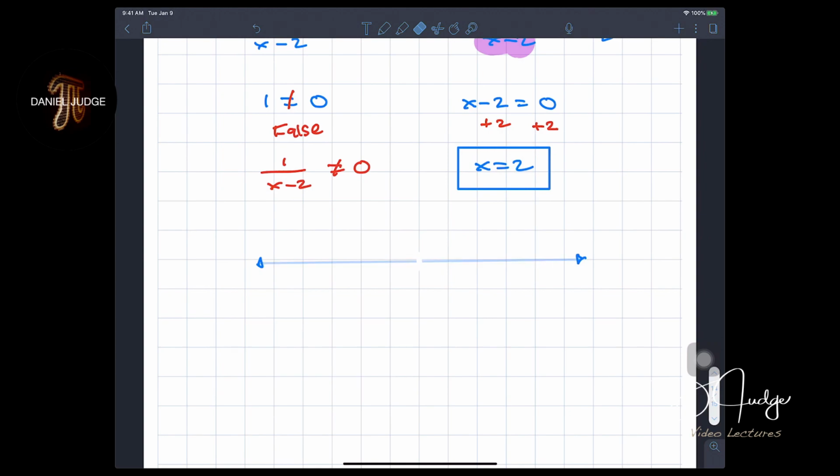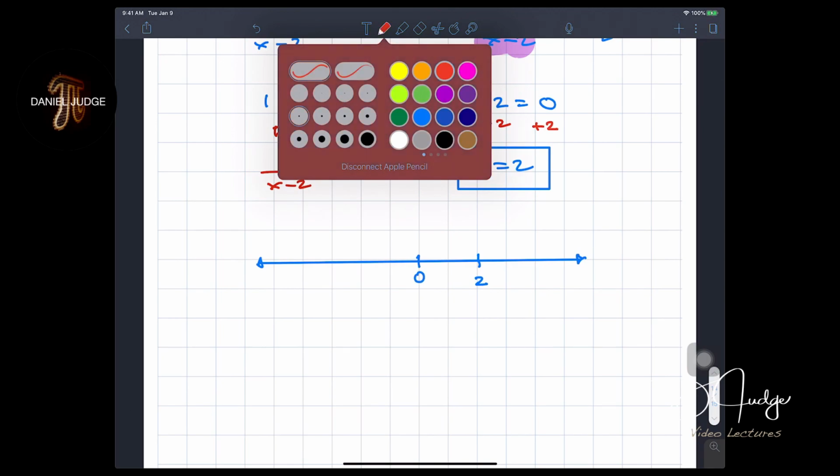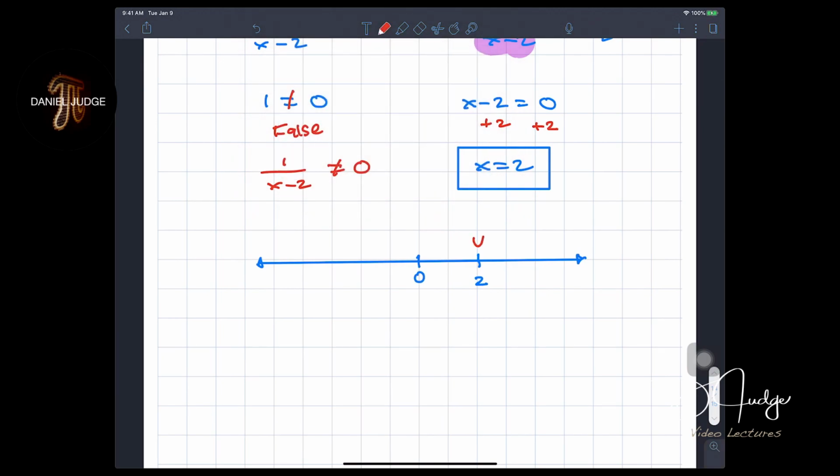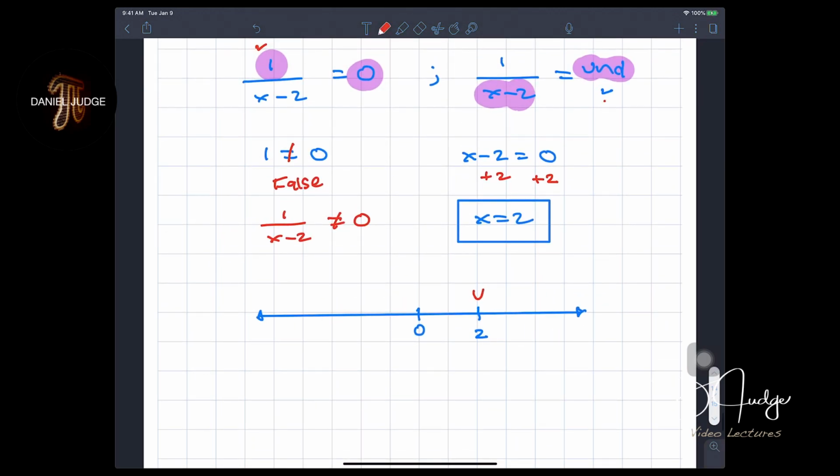I'm going to place 0 right there in the middle. Here's where 2 would be. I'm going to label when x is 2, my fraction's undefined, because there is not a location here where the fraction is ever going to be 0. So I got region 1 here, and I have region 2 here. So this problem has only 2 regions. That's fun.